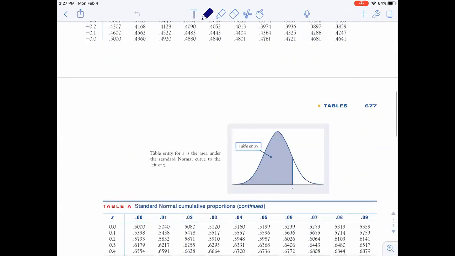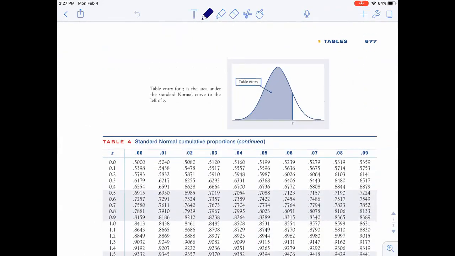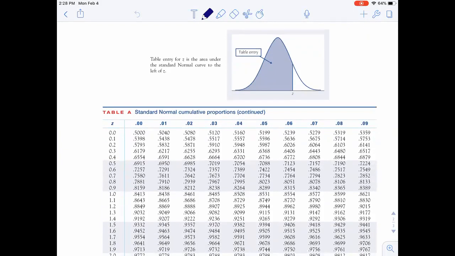So now I'm on the positive side. Notice how I'm calling it a table entry. I'm not pulling that out of nowhere. It actually says on here. So when it says table entry, it means one of these values, the areas under the curve. So we want 0.75, or what's closest to 0.75.